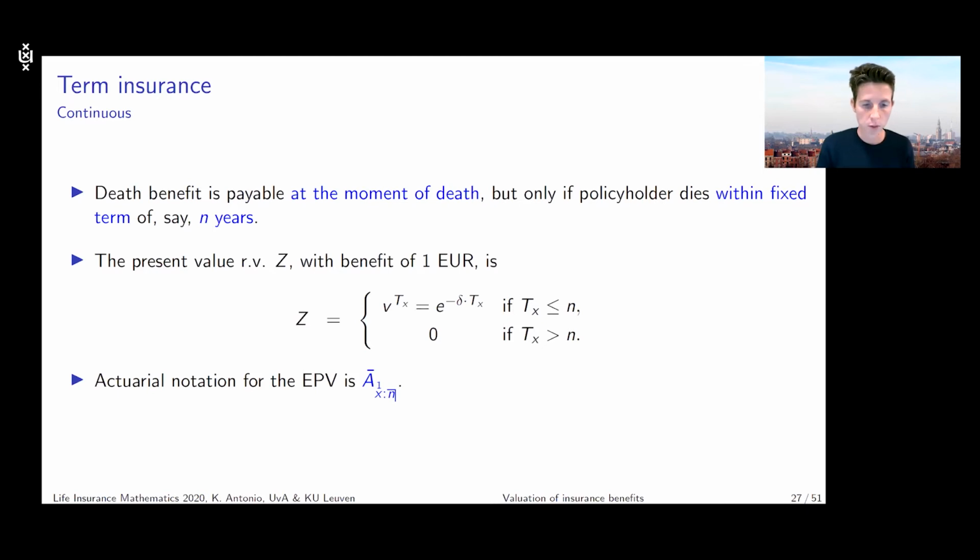But if the 1 is put on top of the x, the age of the policyholder, then it means this product is going to pay a benefit if x dies before reaching the end of the insurance cover period.